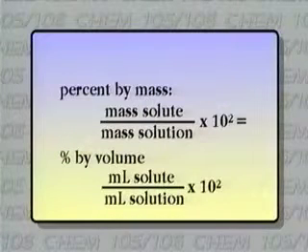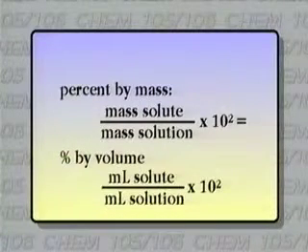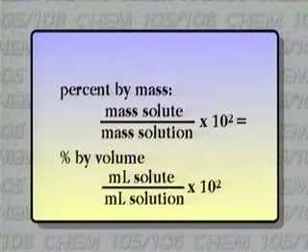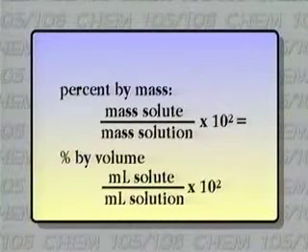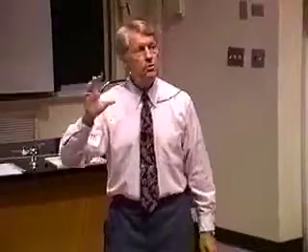That's percent by volume. If I go to a liquor store and look at a bottle of wine, for instance, it would say 10% by volume ethanol, or ethyl alcohol as we would call it. So it tells me that there are 10 milliliters of ethyl alcohol for 100 milliliters of the wine.